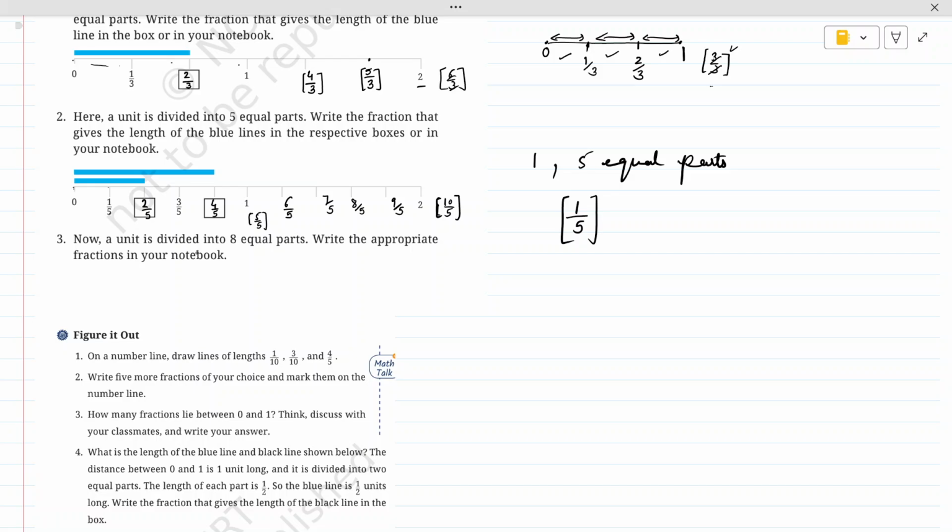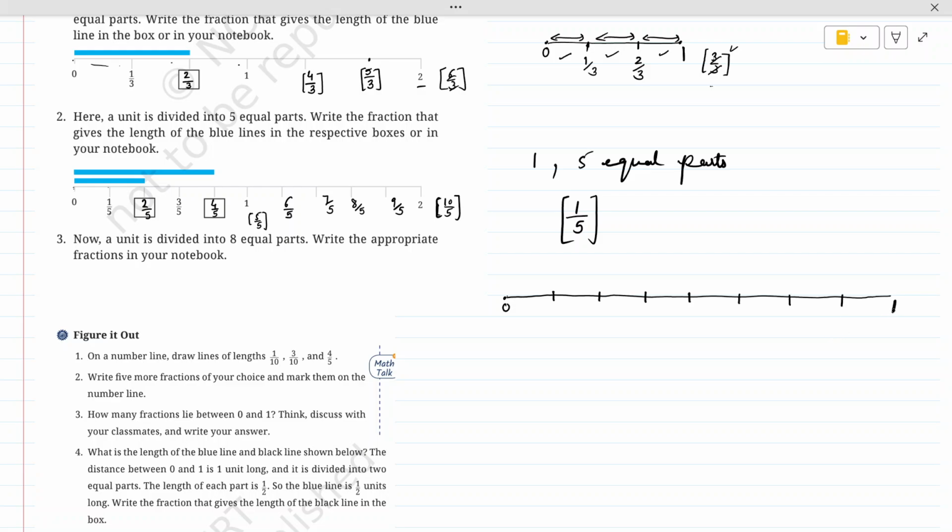Now a unit is divided into 8 equal parts. Write the appropriate fractions in your notebook. So now what we are doing, we have a unit that is from 0 to 1. Okay, this is being divided into 8 equal parts, which means we have to mark 7 separators, 1, 2, 3, 4, 5, 6, 7.